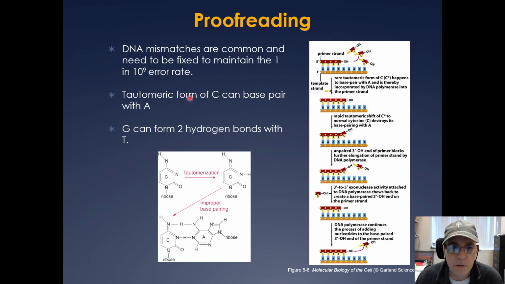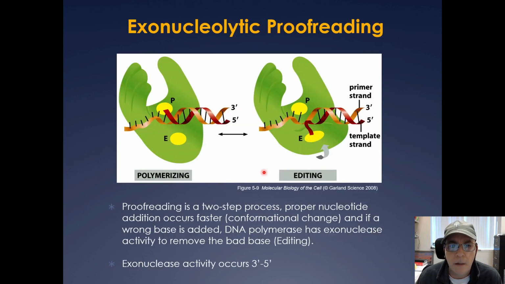So anytime these sort of mismatches get put in, the exonuclease activity of the DNA polymerase itself can chew back the end, and the proper base can be put in. And here's a little schematic of how the exonuclease proofreading of the polymerase works.